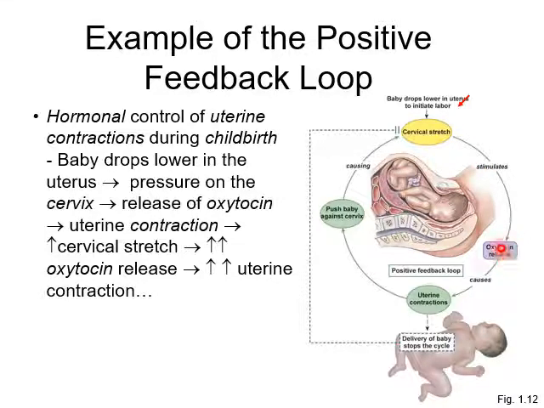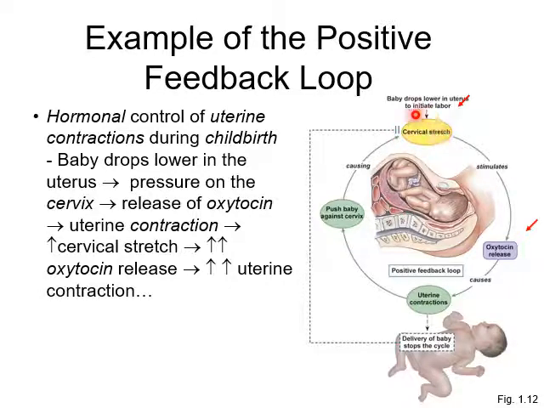This hormone causes the uterus to contract. That's what we call contractions. The muscles in the uterus are contracting, and that's where you feel the pain. But what do you think that does? It pushes the baby even further down, further against the cervix, so we get more cervical stretch.